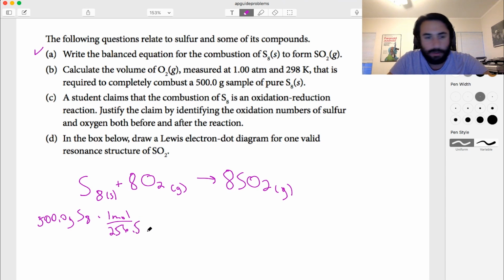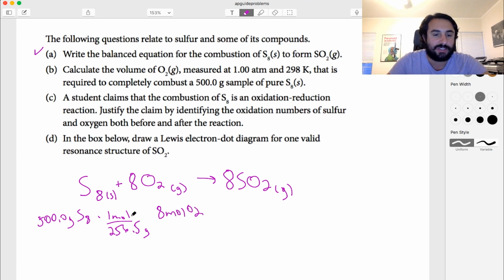256.5 grams. 1 mole over 256.5 grams. So now we've converted that into a number of moles of S8. Now we need the stoichiometric ratio because we want to learn something about O2, and we've got 8 moles of O2, right?